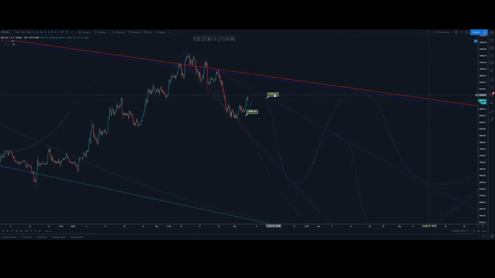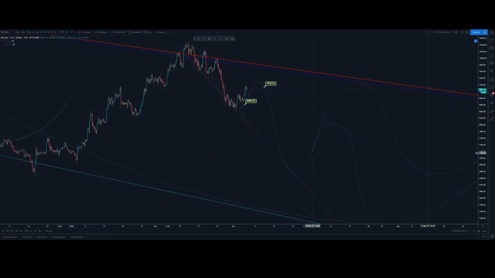So when this thing is gonna get rejected, it has to retest or bounce back up again somewhere, and then the most logical point will be here, of course.